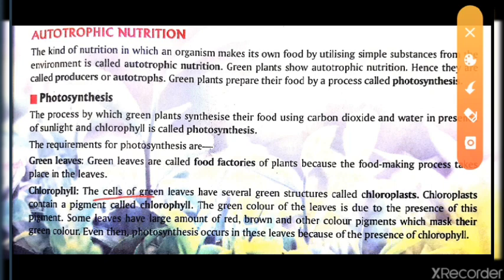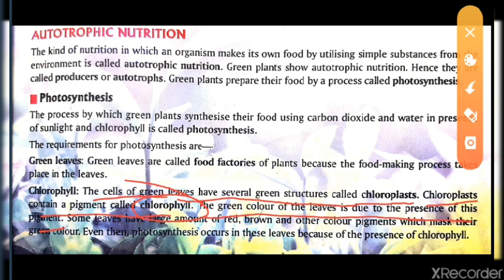So let's study in detail what is written in the chlorophyll part. The cells of green leaves have several green structures called chloroplasts. Chloroplasts contain a green pigment that is called chlorophyll. Now the green color of the leaves is due to the presence of this pigment. If there is no chlorophyll, the leaves will not get that green color.